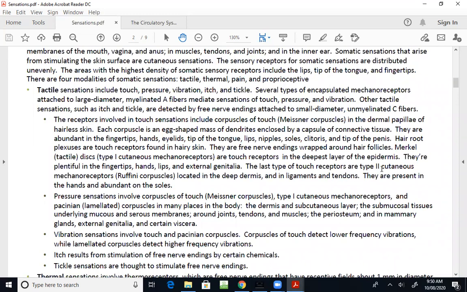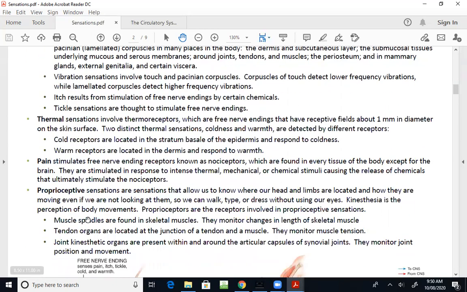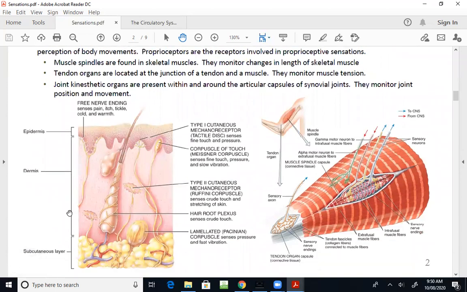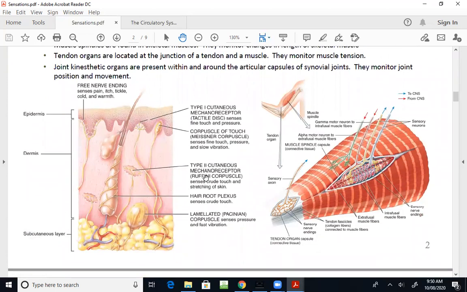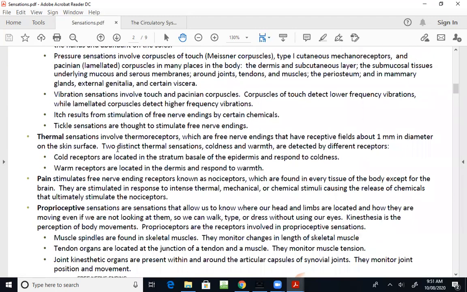Last type of touch receptors are type 2 cutaneous mechanoreceptors, or Ruffini corpuscles, found in the deep dermis, as well as ligaments and tendons, and are also abundant in our hands and the bottom of our feet, what we call the soles. And they are shown down here in our picture, down deeper in the dermis, whereas the type 1s are right there by the epidermis.